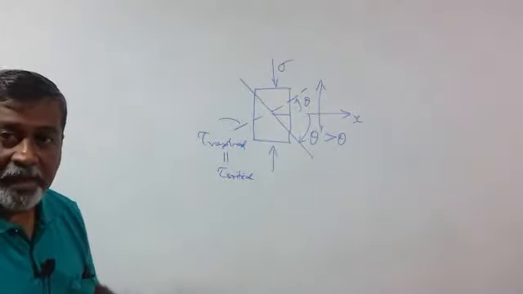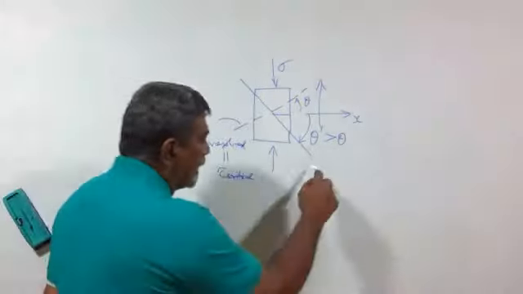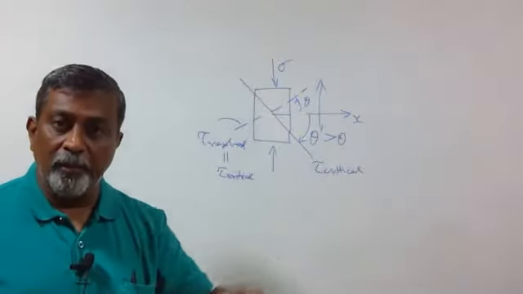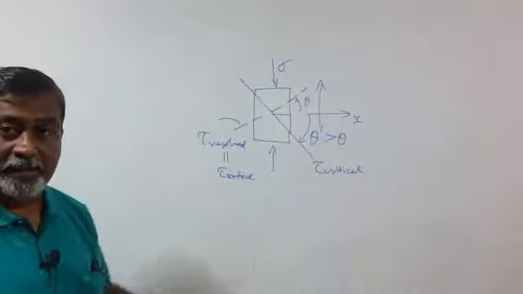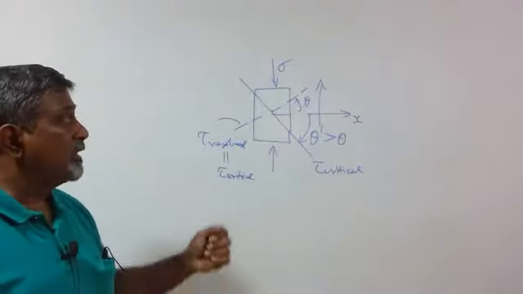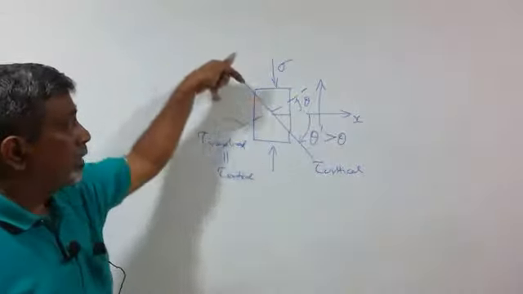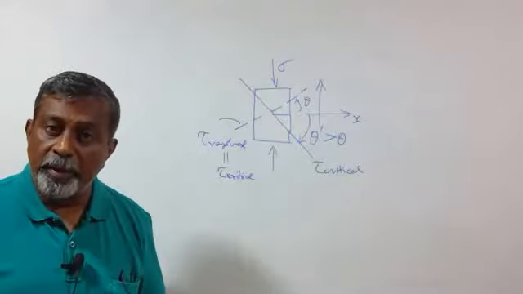Now, the critical value of shear along which this plane will yield is, let's say, tau critical, which is the same as this. Now, my question is, will it shear along this plane or will it shear along this plane? What is going to be my answer?